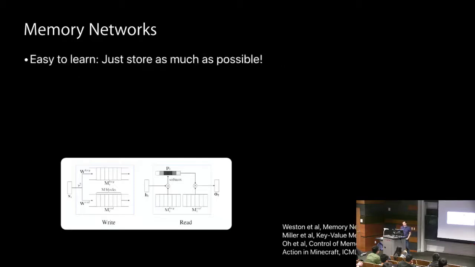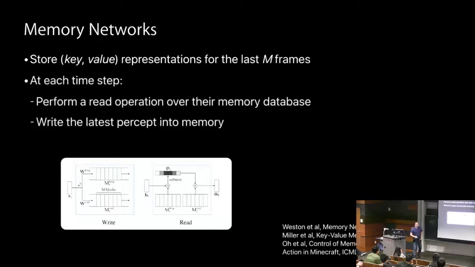So which part is easier now with the memory networks? The fact that when you say store the representation for the last 10 frames, you don't need to learn that. That's right. The only thing these memory networks are doing is avoiding the problem of learning what to write. They just write everything, so the write operation is fixed, basically.